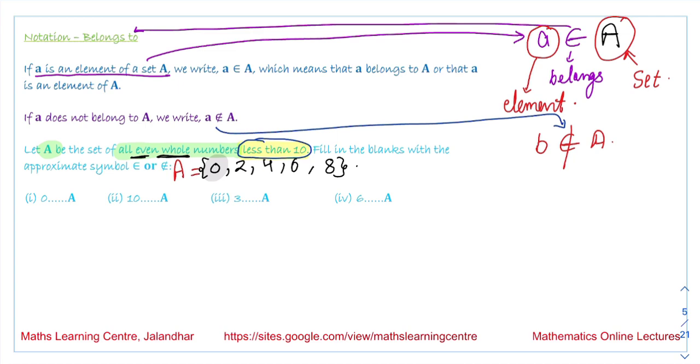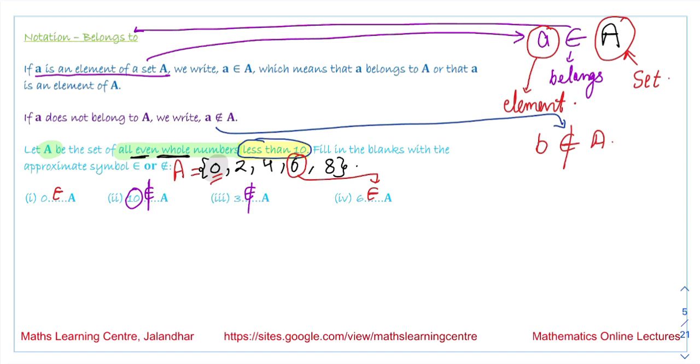We are saying this element 0 is there, so we write 0 belongs to A. If we look at this element 10, 10 is not there in this list, 10 is not the element of this set, so we are saying 10 does not belong to A. Then 3, it does not belong to A. Then 6 is there in this list, so we are saying 6 belongs to A. So if this element is there in the set, then we say that element belongs to that set.